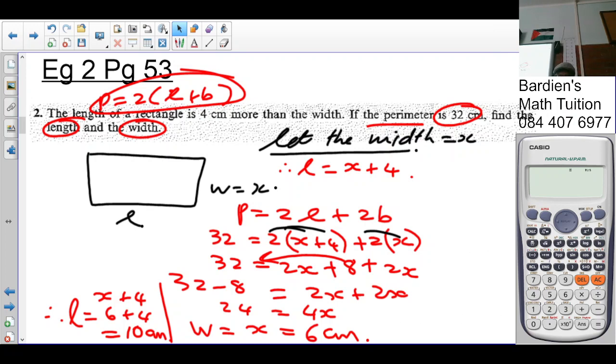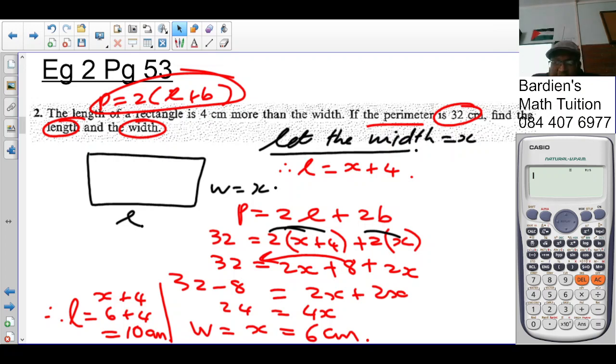Okay. People, listen, for homework, I would like you guys to do this is exercise 5. So it's number 1, number 2, 3, 4, 5, 6.